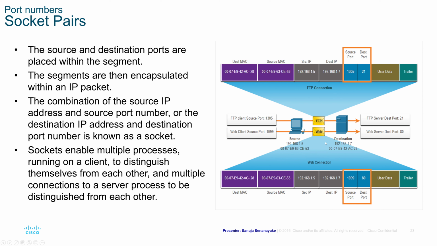And the server is going to respond using port 21 and port 80 on the server itself. So the web server is going to use port 80, and the file service is going to use port 21, but they are all on the same server. That's the importance of the socket itself.